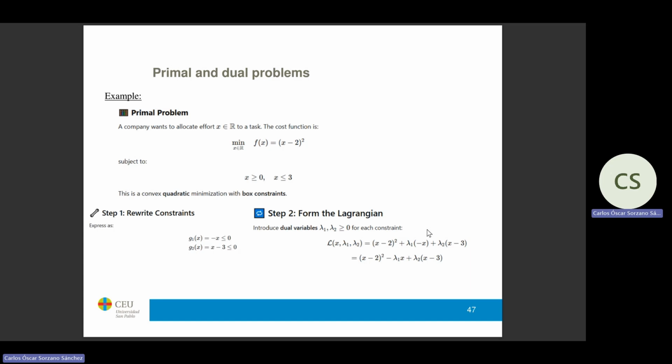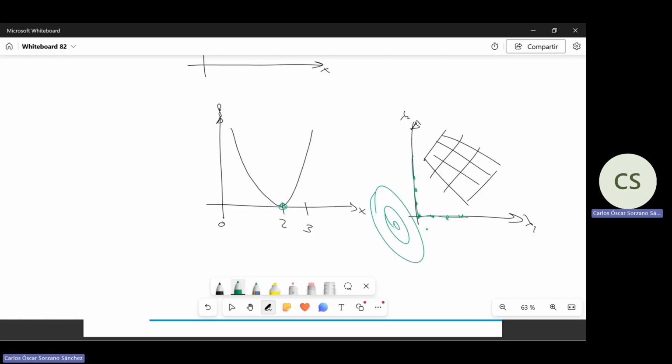So in this problem, we have two constraints. One constraint is this one, so you have to be there. The other constraint is that you cannot be there, and the solution is not touching the constraints.